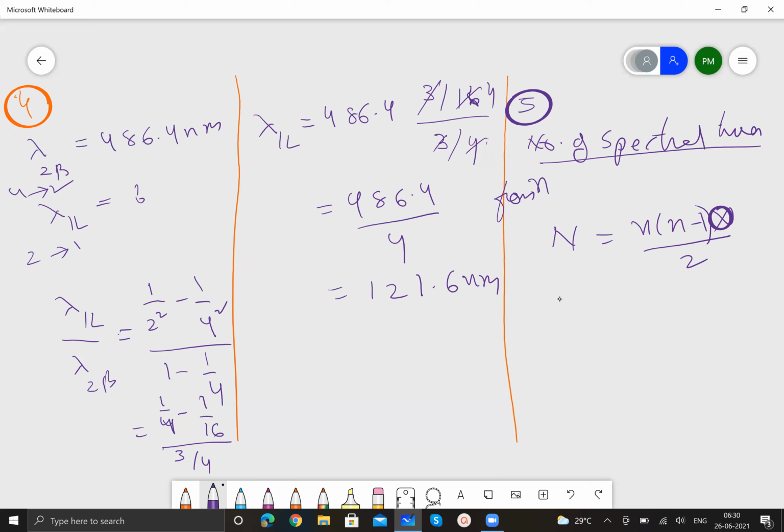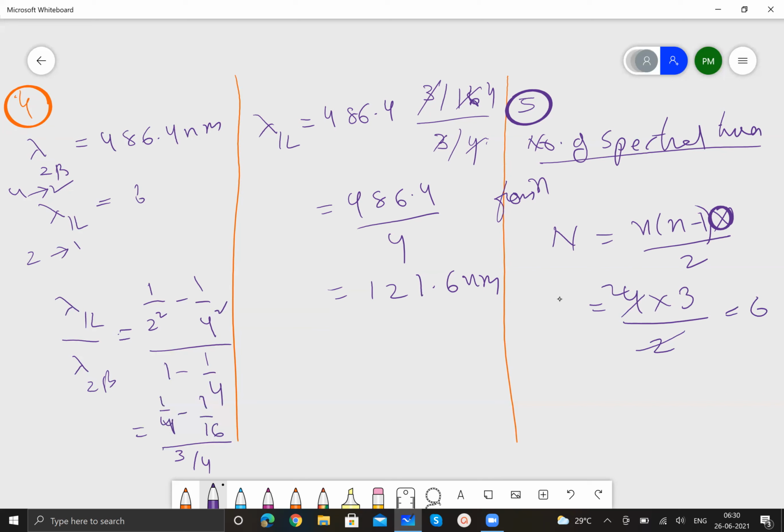Very important. Small n here is 4. 4 into 4 minus 1 is 3, by 2. So 6 spectral lines are produced.